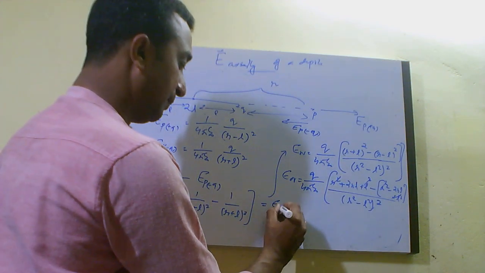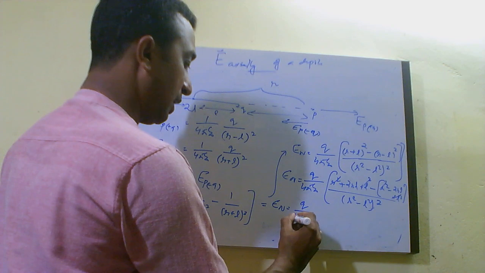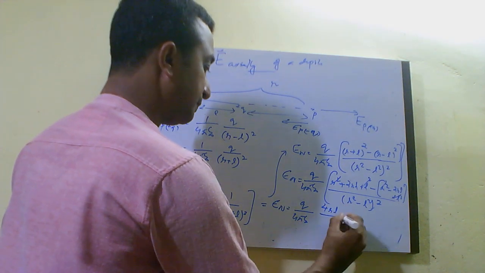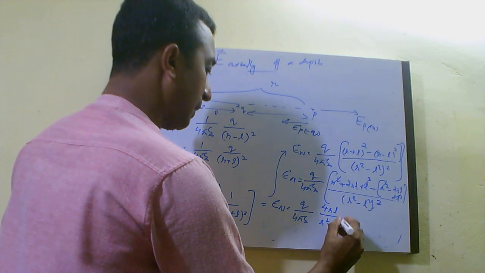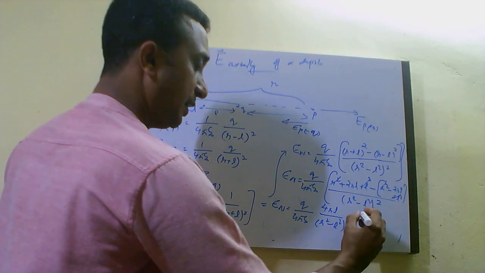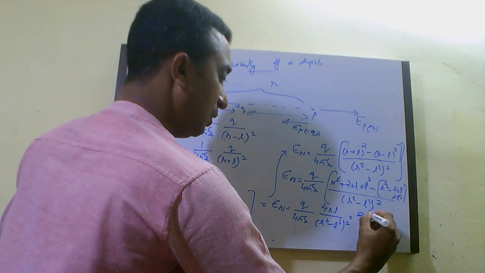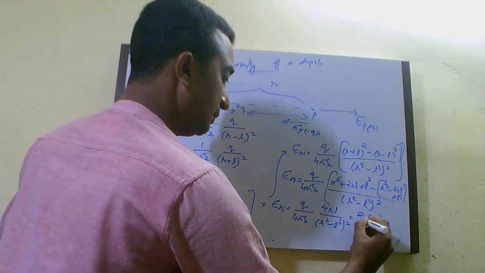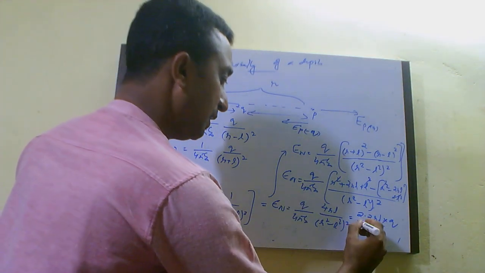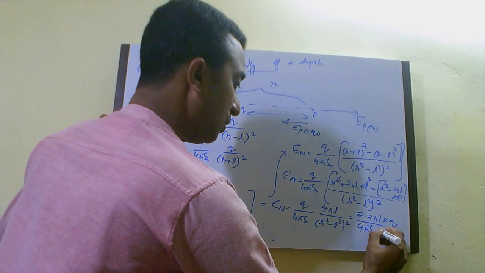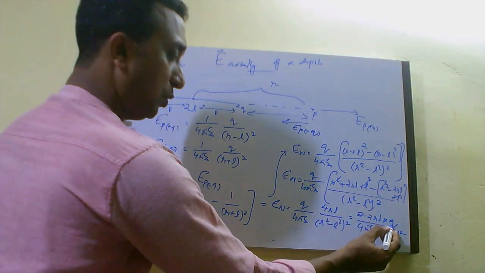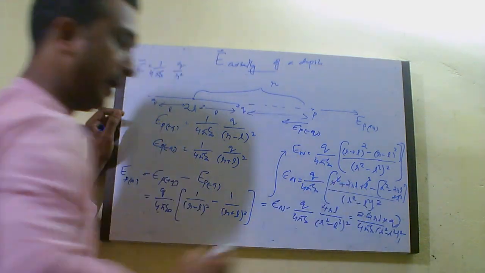So E net will be equal to Q by 4 pi epsilon 0, 4RL by (R squared minus L squared) the whole square. Now this 4RL can be written as 2 times 2RL, and Q is already there, divided by 4 pi epsilon 0 (R squared minus L squared) the whole square. Now this Q times 2L will give you the dipole moment.